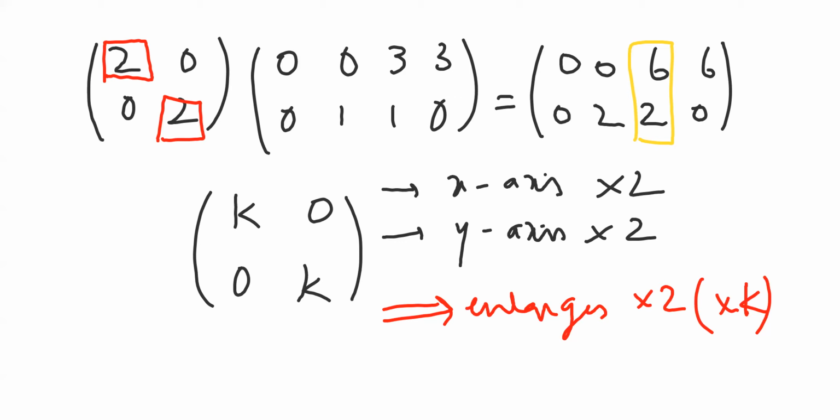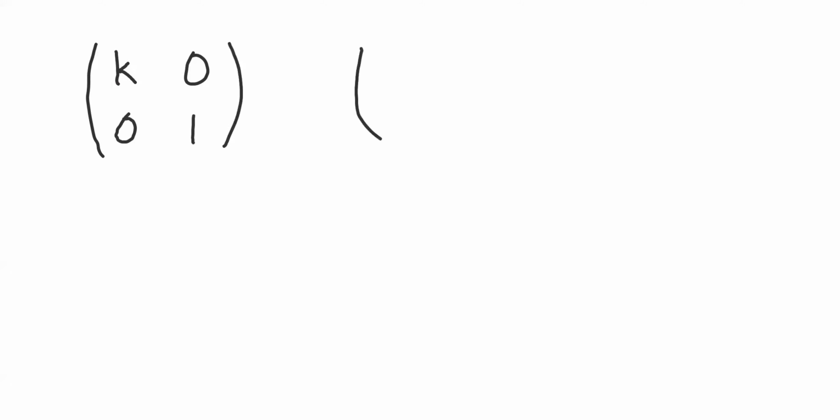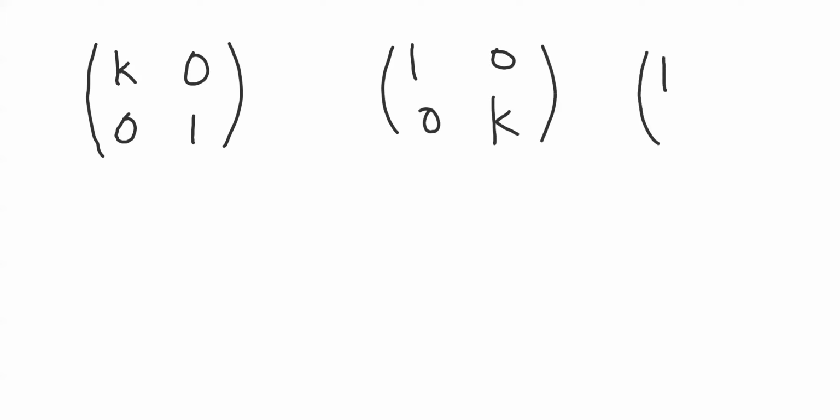Making a summary of this entire thing, we say we have one matrix that is k 0 0 1. We have another matrix that is 1 0 0 k, and we have another matrix that has k 0 0 k.